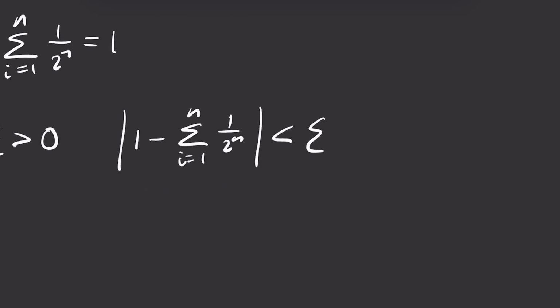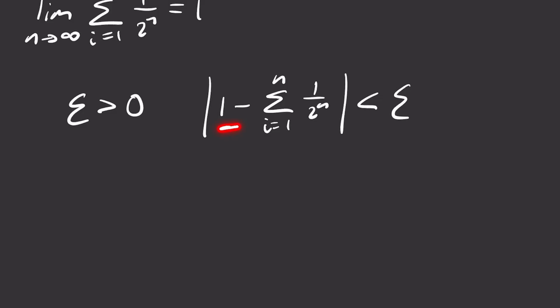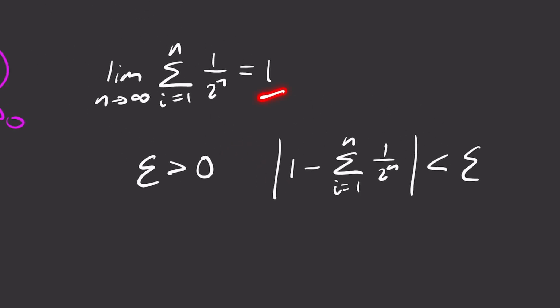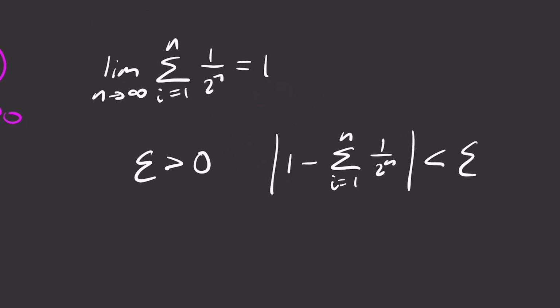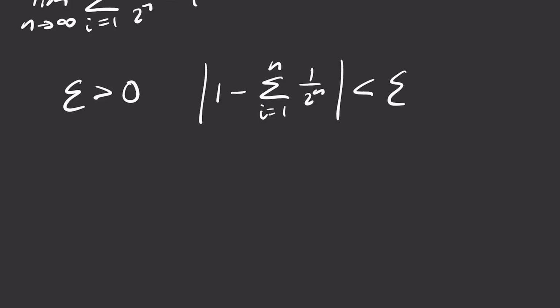because that's what it means for the limit to be 1. If I pick enough terms, I can eventually make this whole thing in here as small as I want it to be, right?